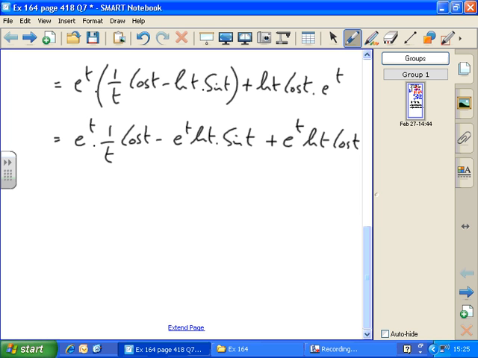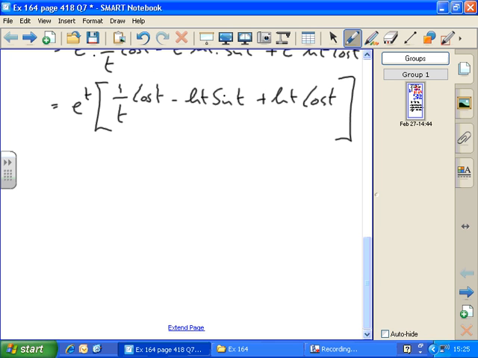So you can take e to the t outside that bracket altogether: e to the t, brackets, 1 over t cos t minus log t sin t plus log t cos t.